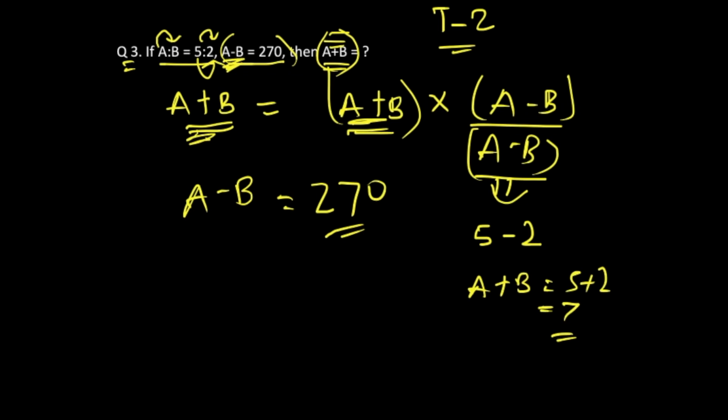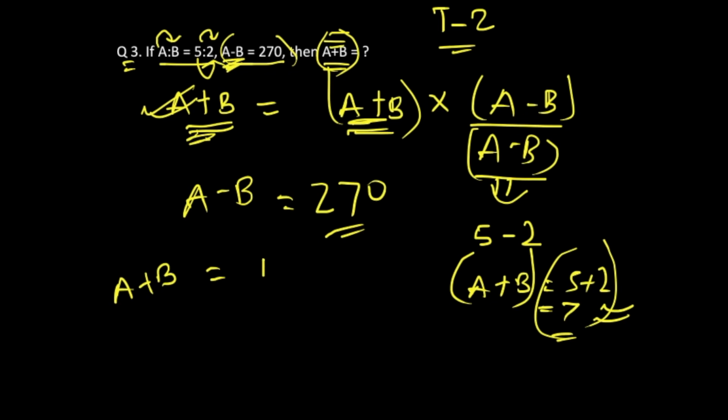But this 7 is not your final answer, because here we are dealing only with the terms of the given ratio. So in order to get the absolute term for A plus B, we'll write A plus B as 5 plus 2, which is our ratio form, addition of the terms involved in the ratio.